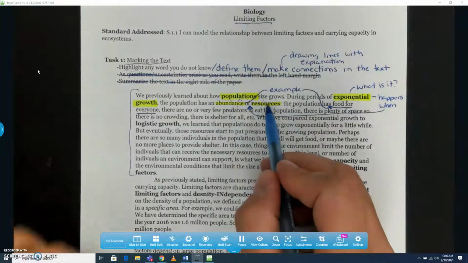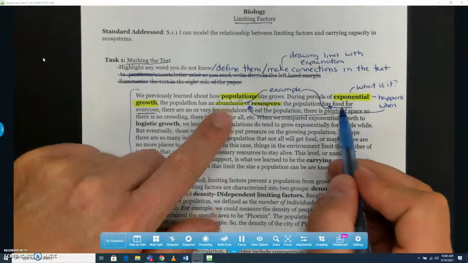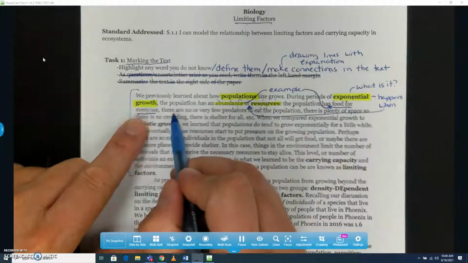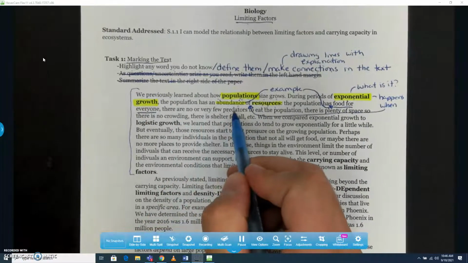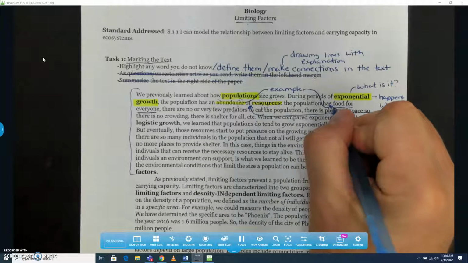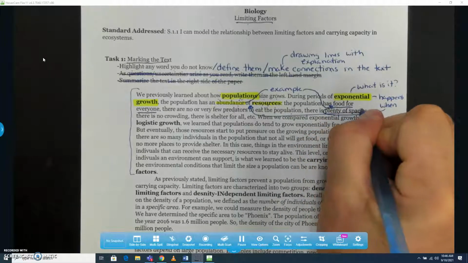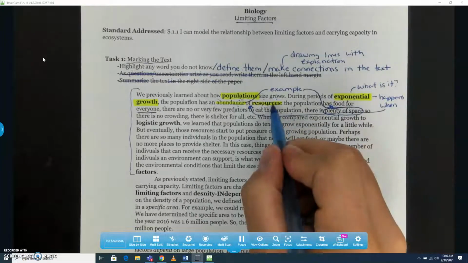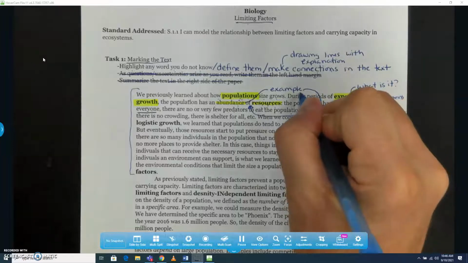So if there is an abundance of resource, what is an example? Food for everyone. There are no or very few predators to eat the population. Plenty of space. We talked about space as having been a resource. That looks like a second example.